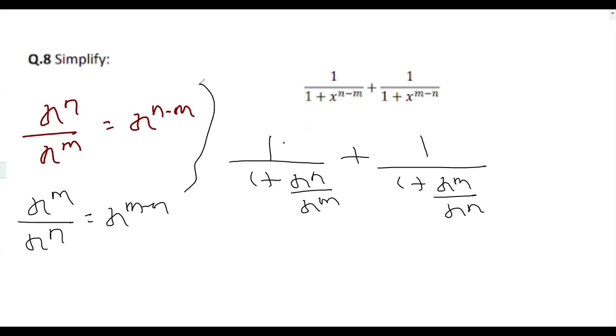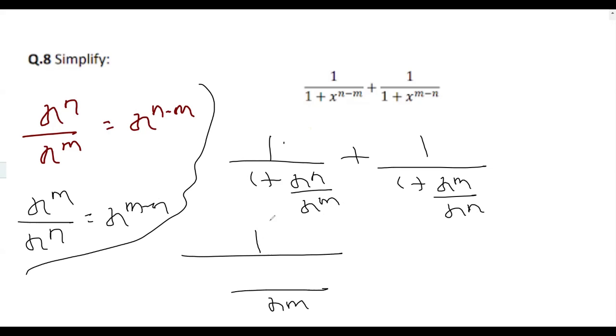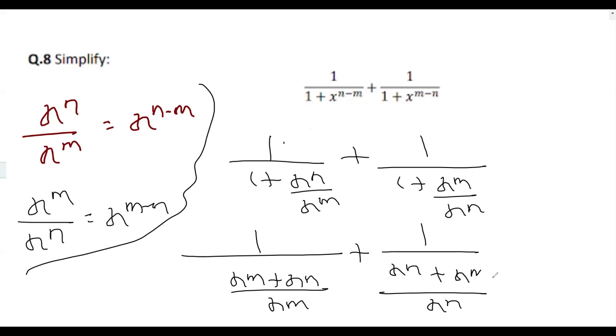Now, if I take LCM over here, on solving this part, the LCM clearly is x raised to the power m. There is nothing, so it will be multiplied by x raised to the power m plus x raised to the power n. This side we have 1 over x raised to the power n. Let me take the LCM first, plus x raised to the power n.